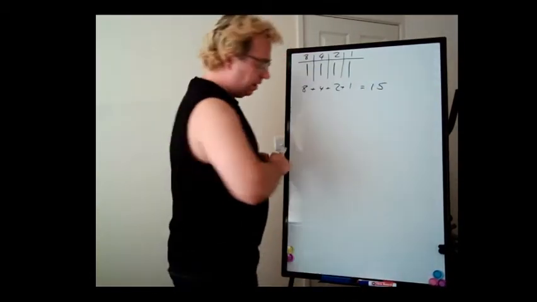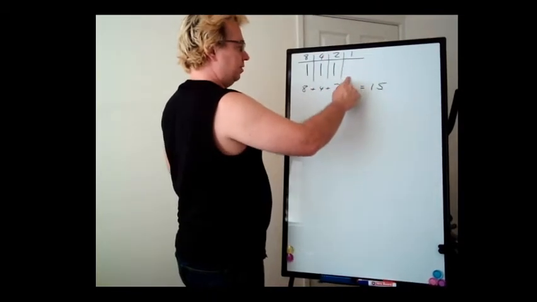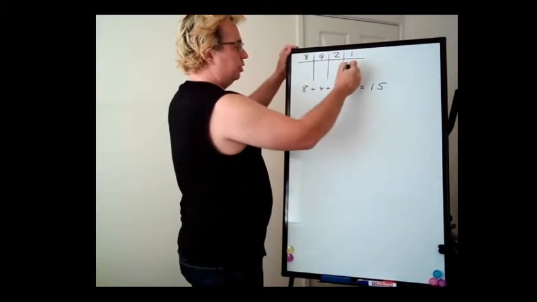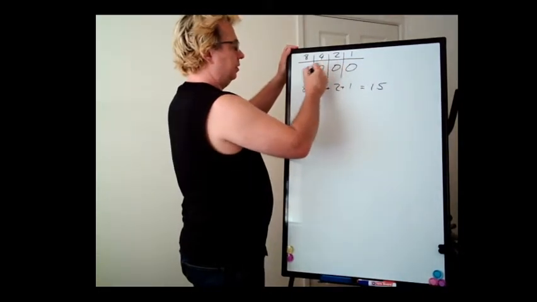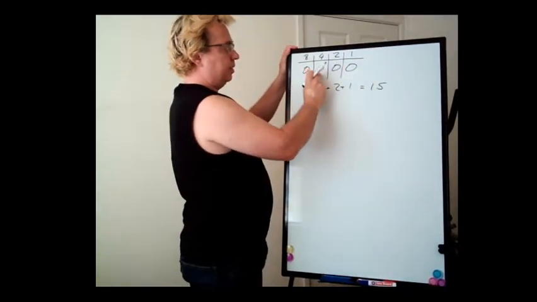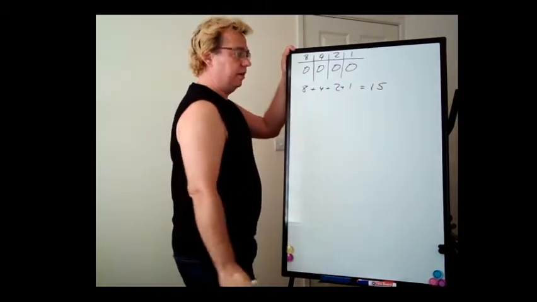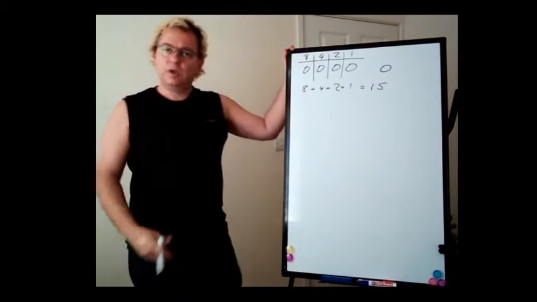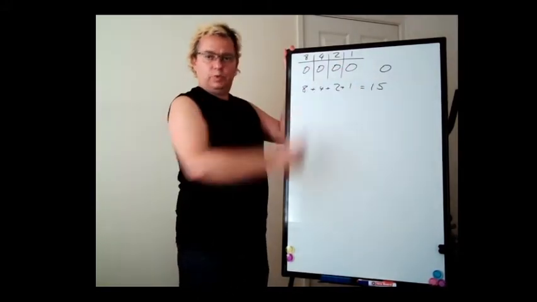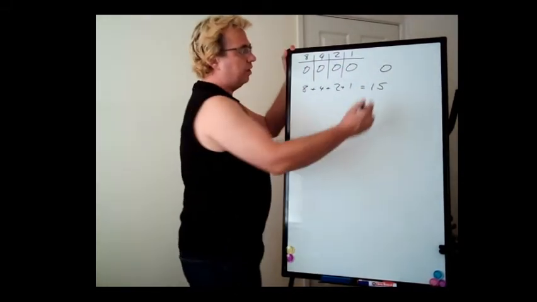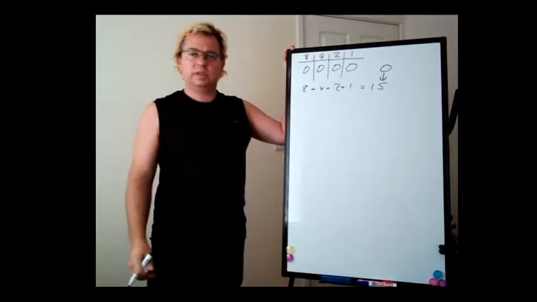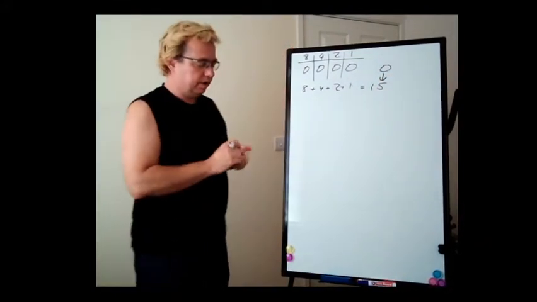If, alternatively, we put in all zeros, then we've got 0 plus 0 plus 0 plus 0, which gives us 0. So, with 4 bits, with what we call a nibble, you can represent the numbers 0 all the way through to the number 15 with binary.